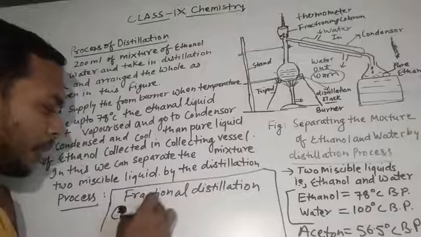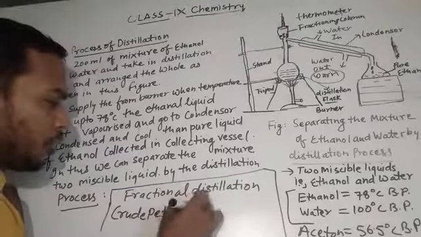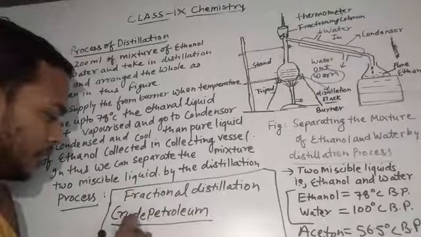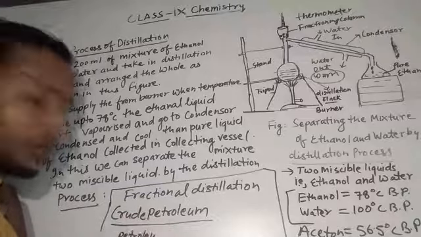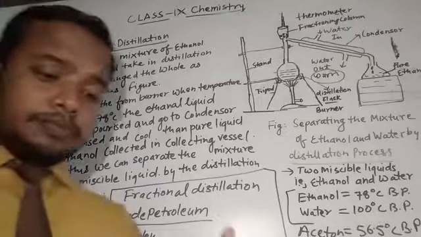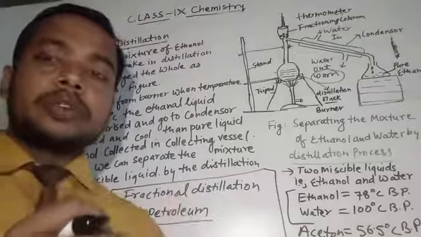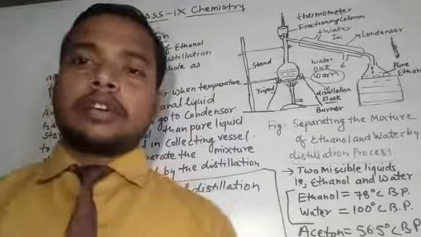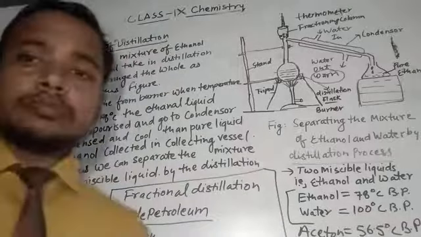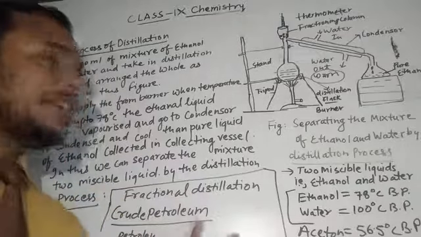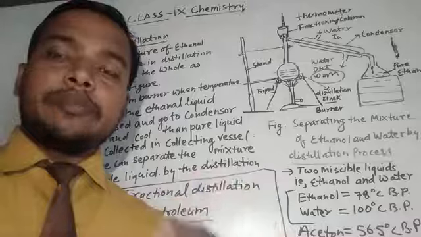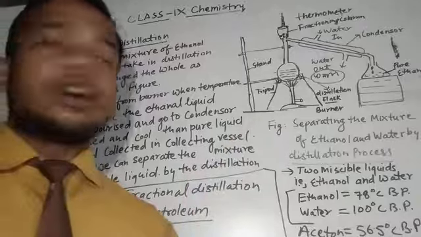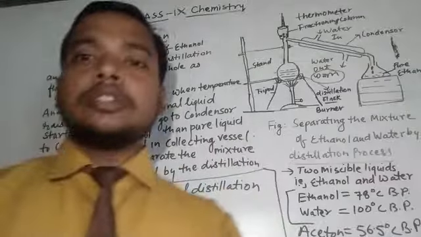Crude petroleum is a mixture of petroleum ether, naphtha, diesel, kerosene, petrol, and other types of gases, and this crude petroleum is separated at different boiling points. So we use the fractioning column in the distillation arrangement.